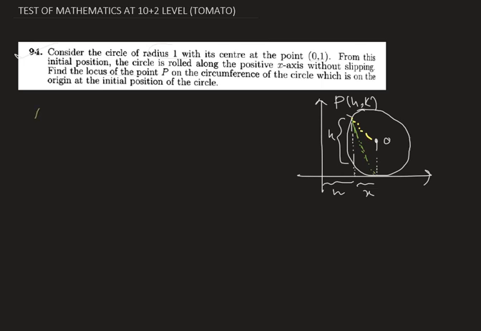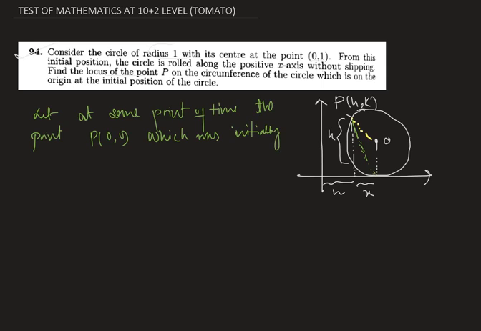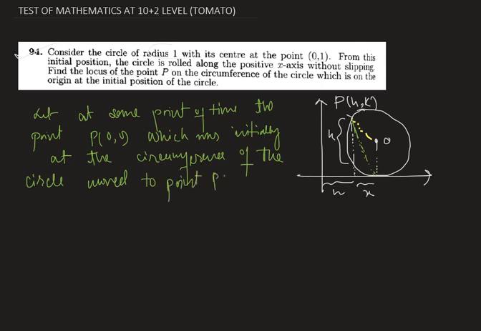Okay, let at some point of time the point P, when the point P is at the origin, which was initially at the circumference of the circle, moved to point P(h, k).